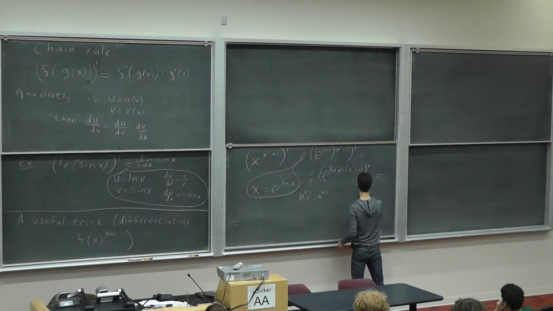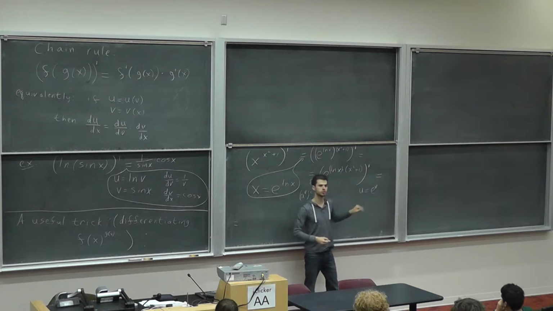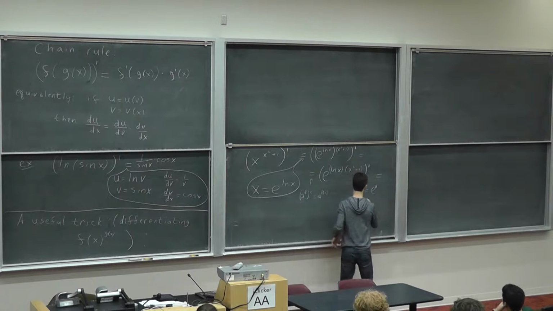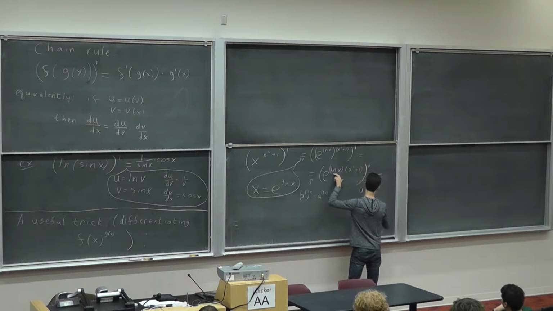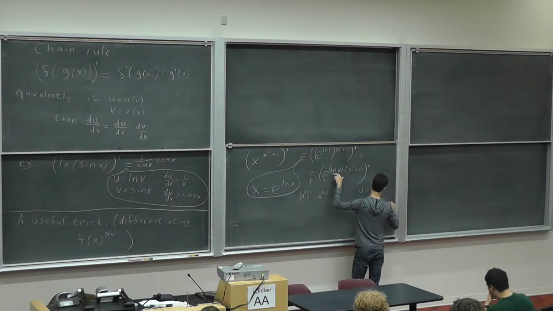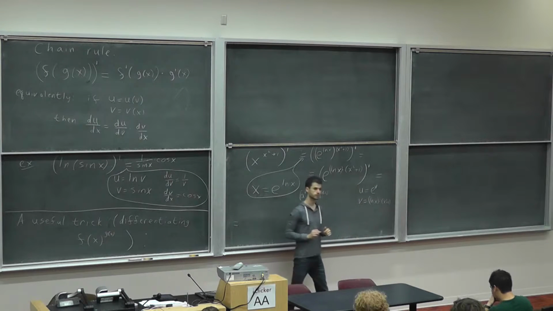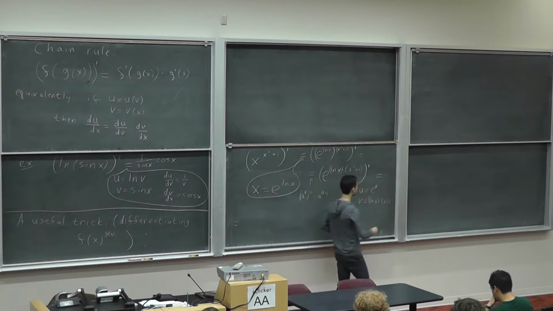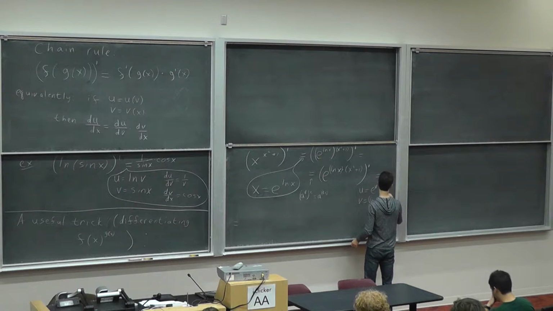So what we do is we choose u, the last operation to be performed, to be e to the power v, and v is ln x times x squared plus 1. We also have to find du by dv.